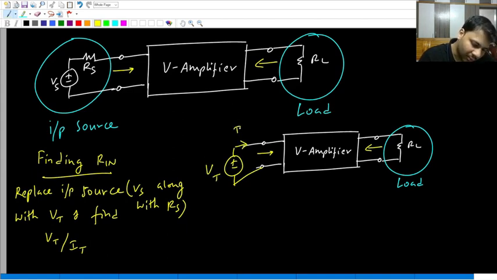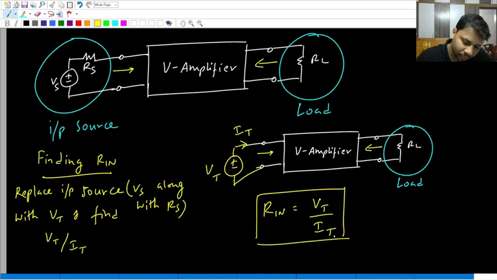Let the current flowing out of the plus terminal be some It. Then your input resistance is what? Vt divided by It. That's all. So using this method, you can find the input resistance of any given amplifier. Just replace the input source with a voltage source Vt and then find Vt divided by It.